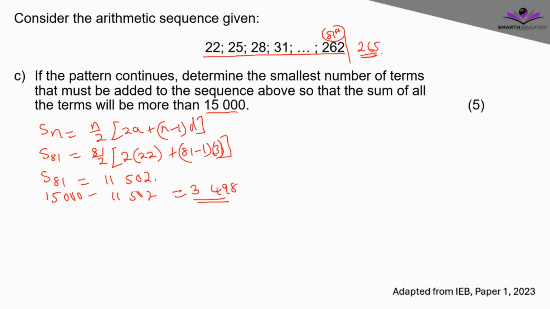This becomes our a. Right? The difference will be the same, which is 3, and then we just find our n. Our sum is 3,498.